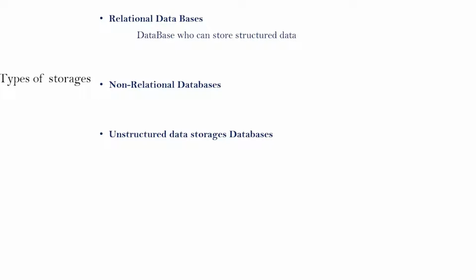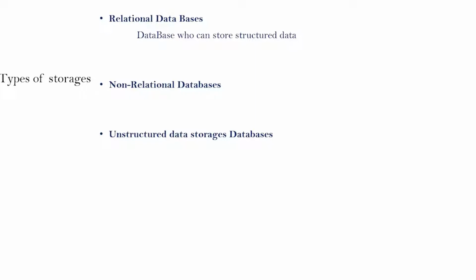Let's go with the relational database. So friends, what is a relational database? A database that can store structured data. And what is structured data? Structured data is what we store in row and column format, just like Excel.